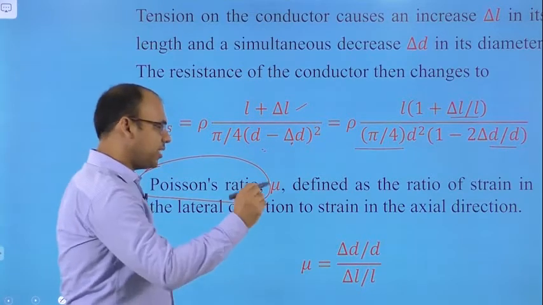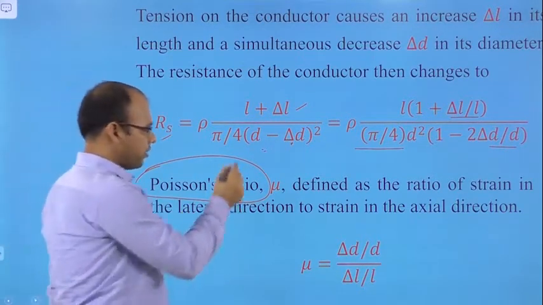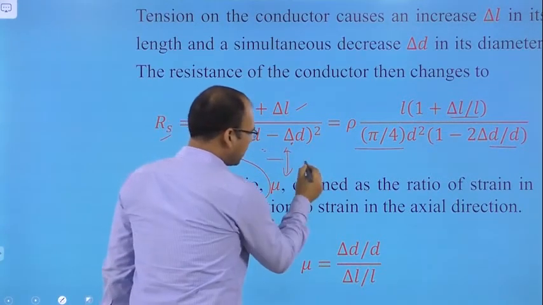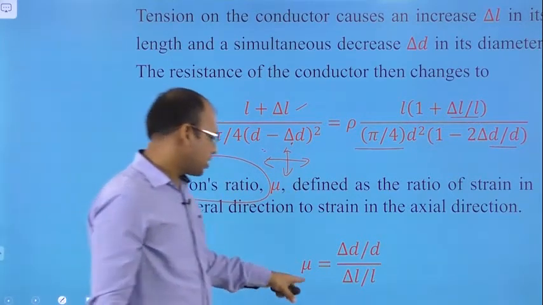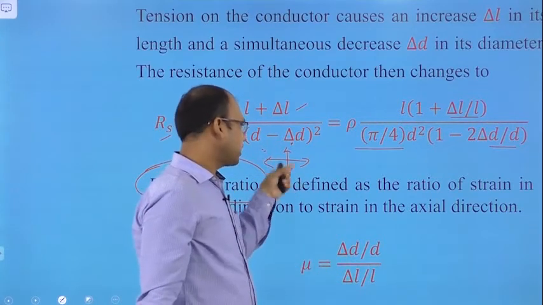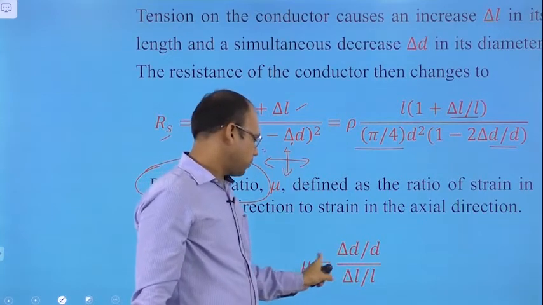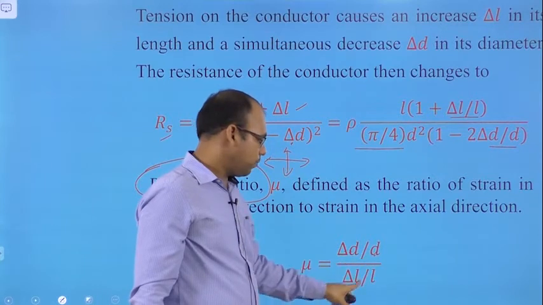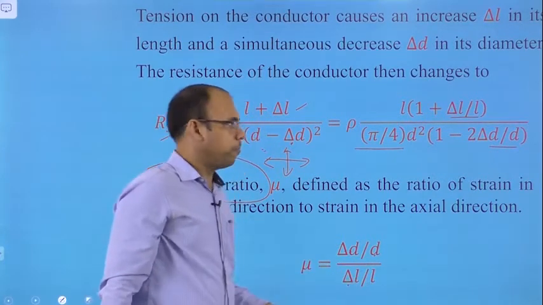So mu is equal to delta d by d, the change of the conductor in the lateral direction, divided by delta L by L, the change in the axial direction, right?